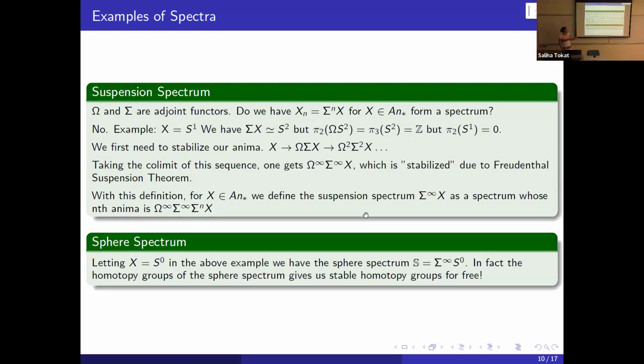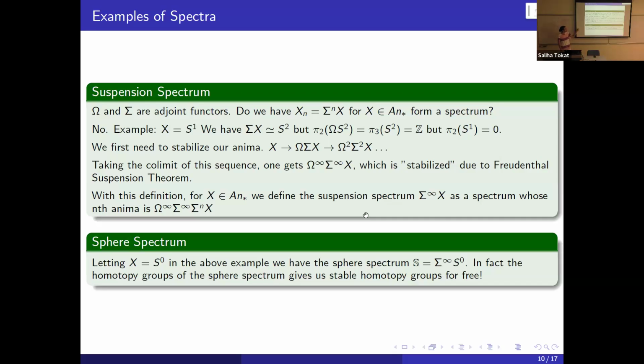So we give examples of spectra. This is like the most dominant example of a spectrum. So as I said, the loop space and suspension are adjoint functors. So by just taking the nth loop space of the nth suspension of X, one thinks that we can take the loop space and we can just get ourselves a spectrum. But this does not work because our X is not stabilized yet.